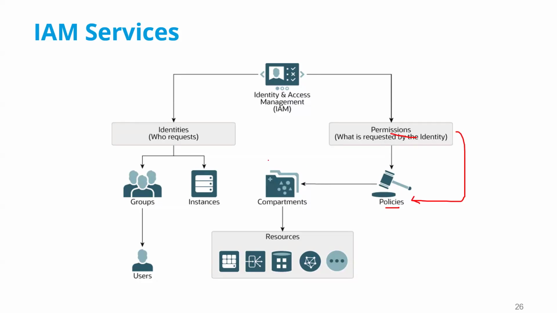And policies are written over the compartment. So what is a compartment? A compartment is just like an area in OCI which holds these resources: virtual machine, network, storage, VCN, and many more.